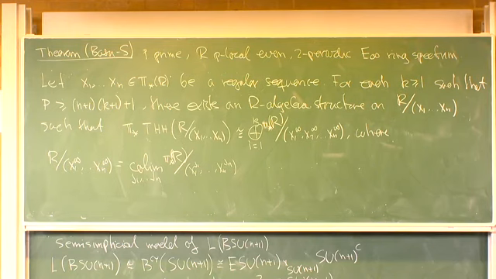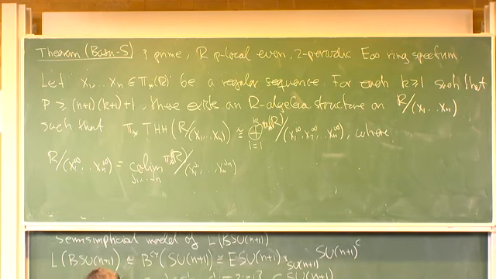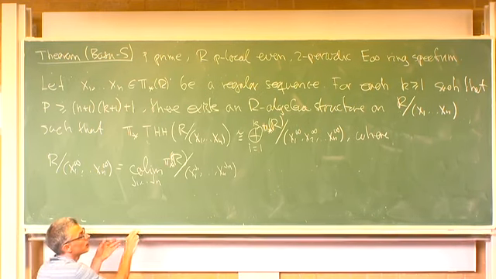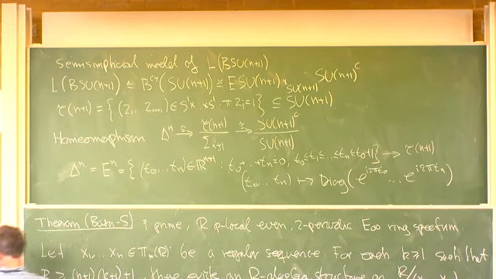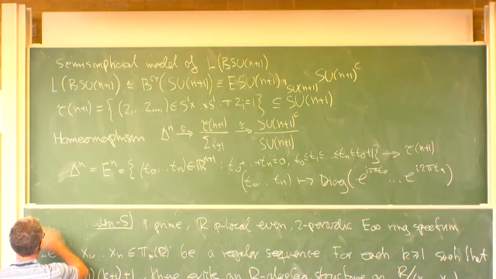So (t_0, ..., t_n) is mapped to the diagonal matrix with entries e^{i pi t_0} up to e^{i pi t_n}. Now I want to use the structure of the simplex to get a semi-simplicial structure on the homotopy quotient.